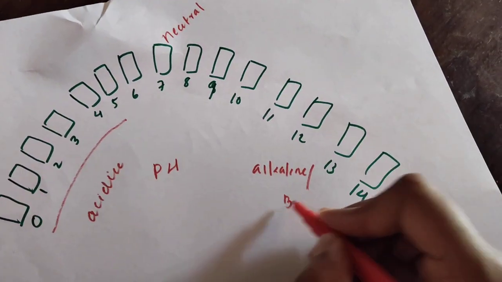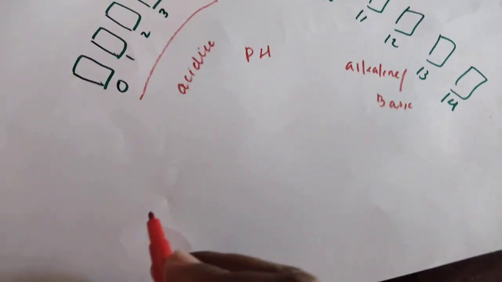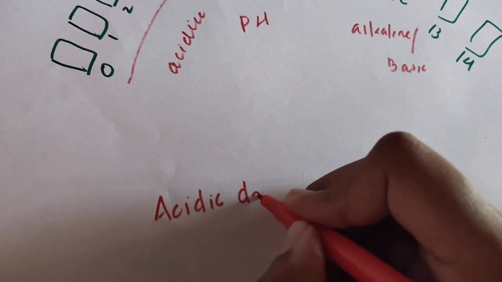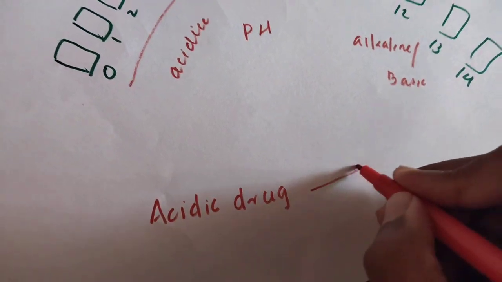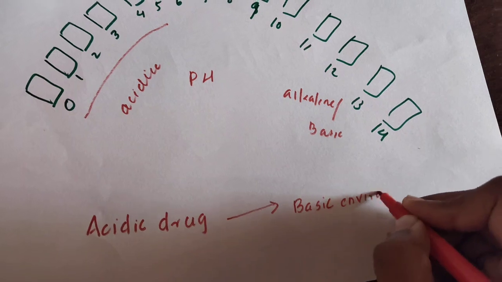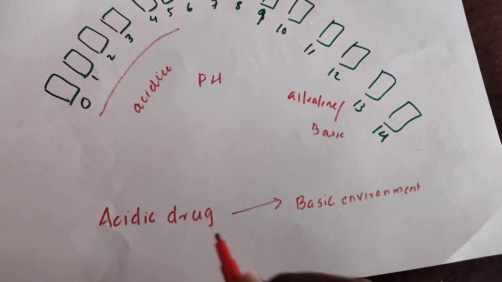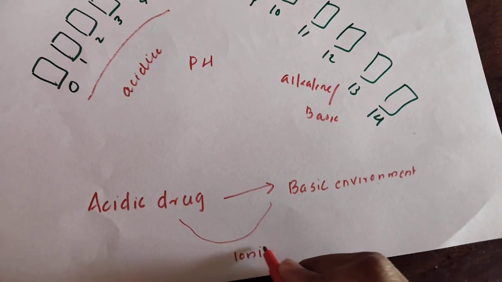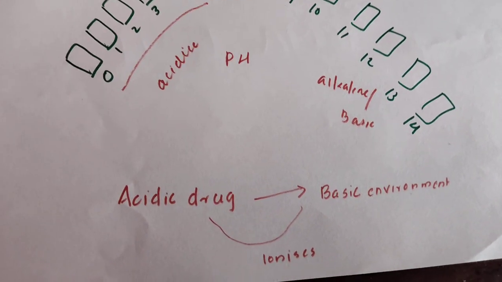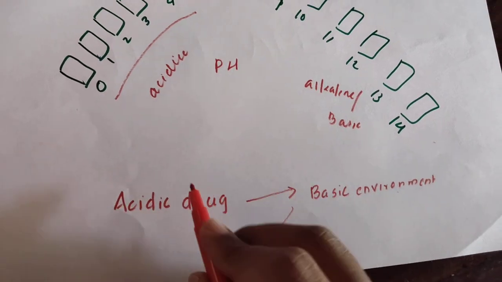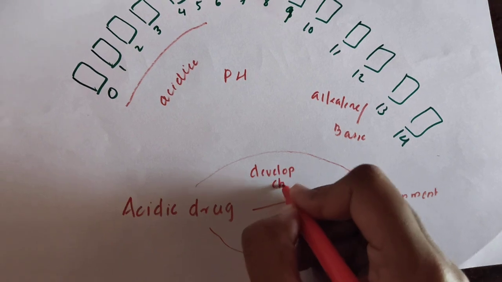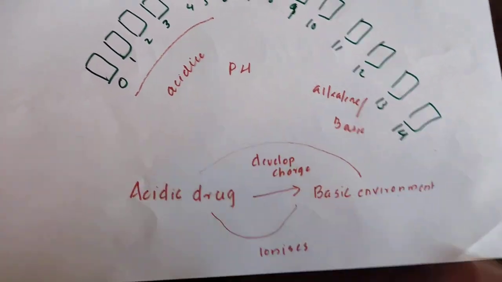The concept is that if we consume an acidic drug and it moves to a basic environment, the acidic drug ionizes in a basic environment. When the acidic drug is in the basic environment, it develops a charge, so it gets ionized. That is the concept.